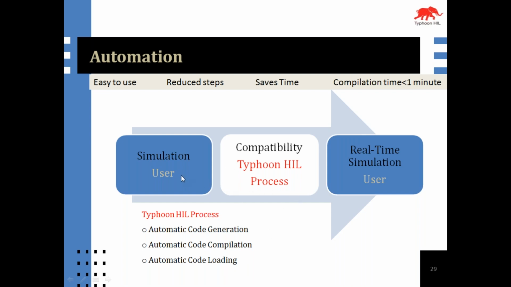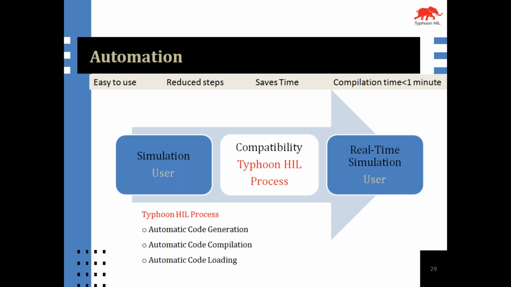Here we are using built-in systems, meaning built-in inverters and rectifiers are available. You only have to fetch the component from the library, so this reduces your time. Even the compilation time is less than 1 minute for a very complex model which takes 10 to 15 minutes in other simulators, and thus it is easy to use.